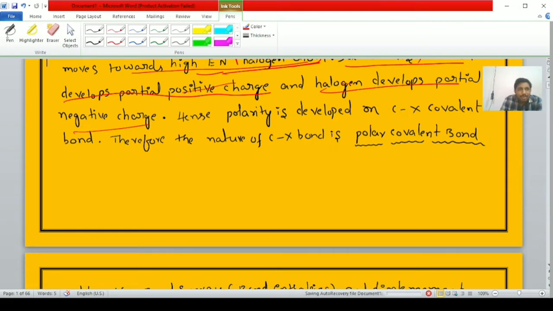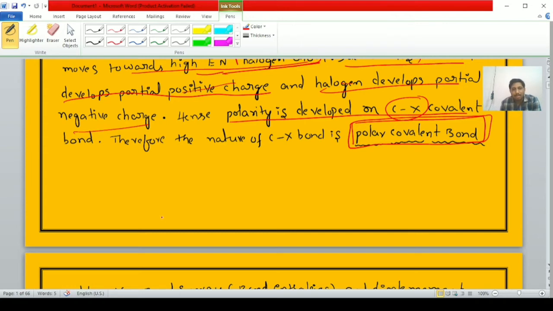Observe, students, here I have already given the last conclusion. The nature of the C-X bond is polar covalent bond. Why? Because polarity is developed on the carbon halogen bond.